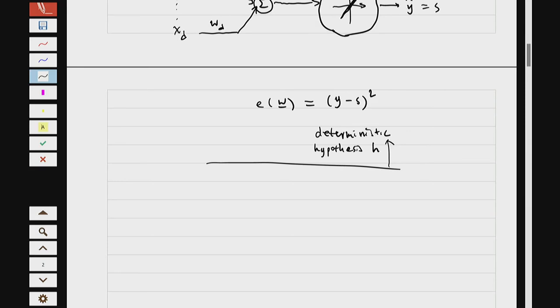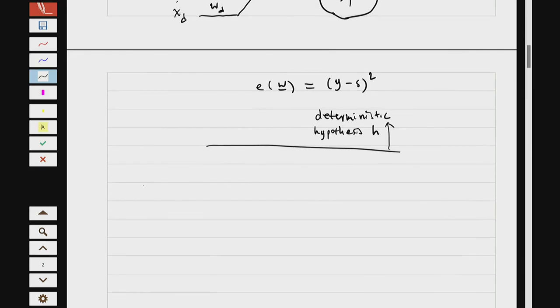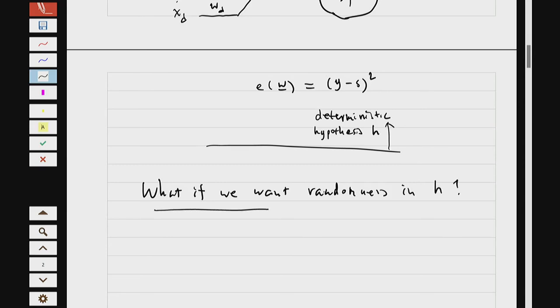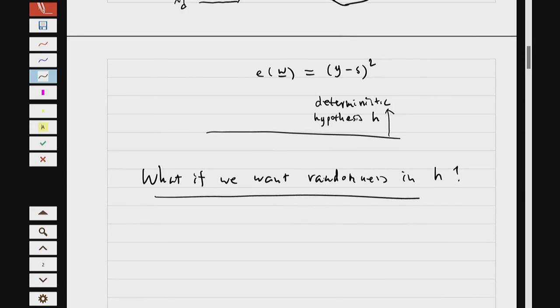And that's when logistic regression comes in. So in the case when we want a random hypothesis, randomness in H, okay, now we're going to the new stuff.